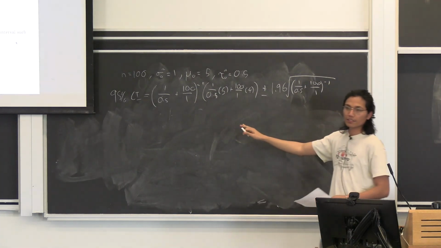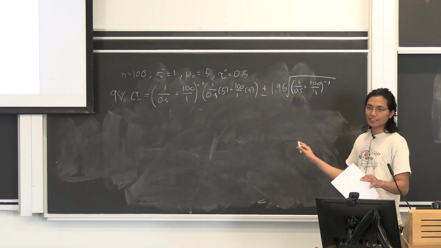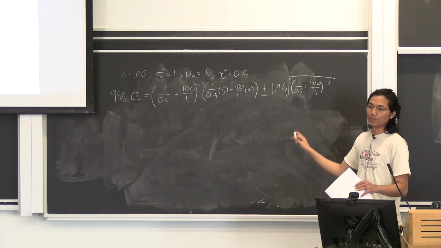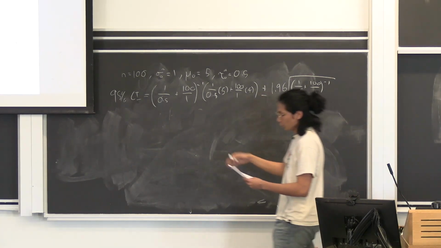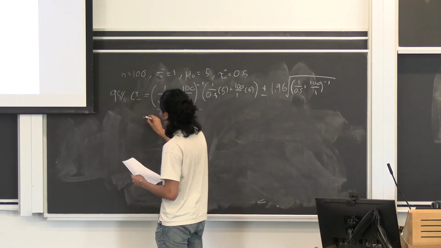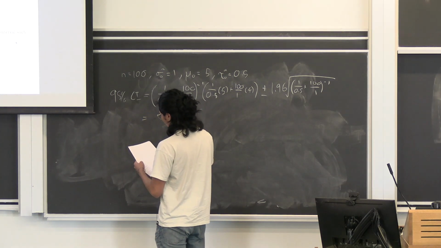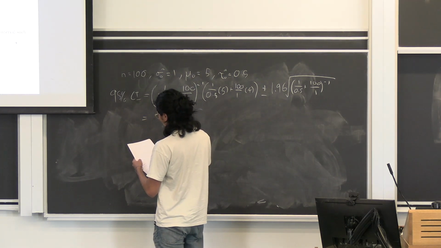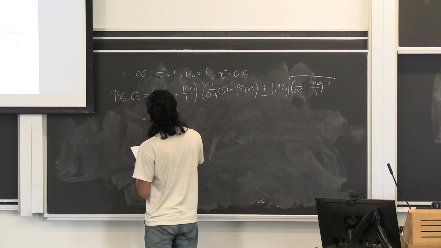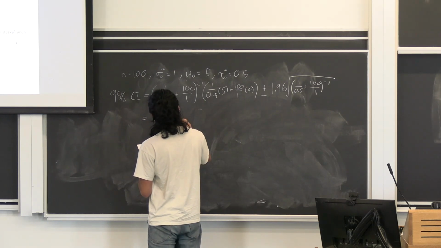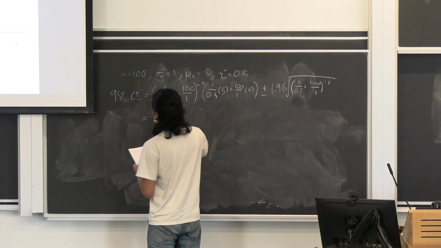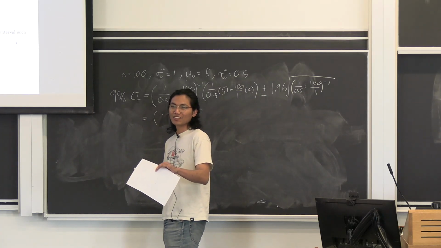Okay, did everyone get to this part at least? It's just plugging in the numbers from the formula, right? And then if you just use your calculator and punch those numbers in, you should get, I believe, this. Actually, wait, before I tell, did anyone get the answer? No?